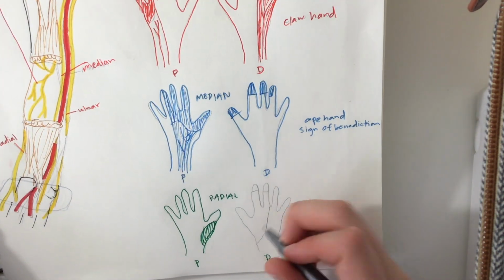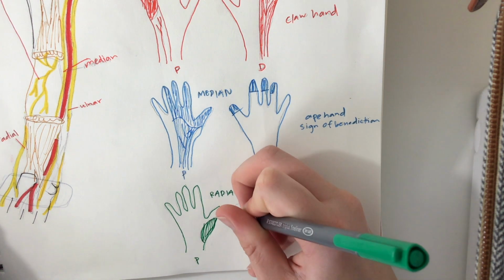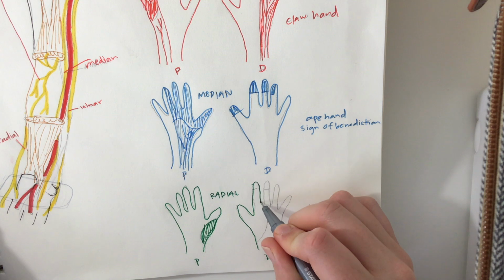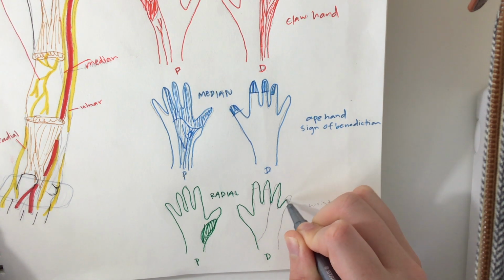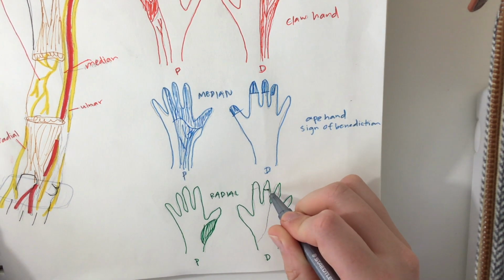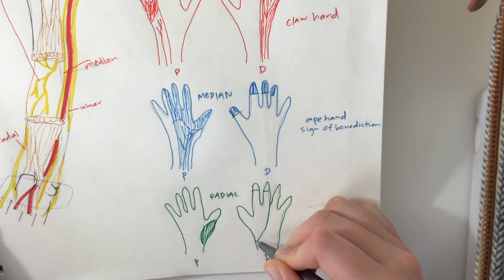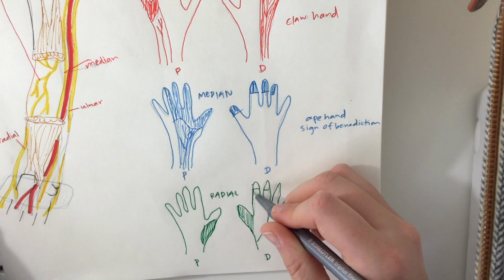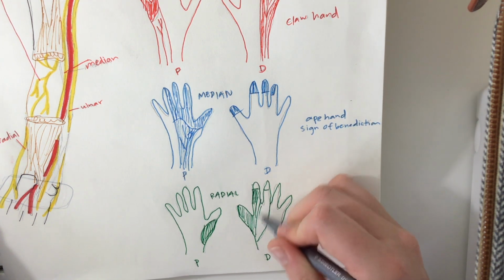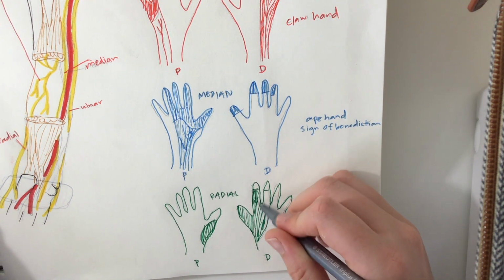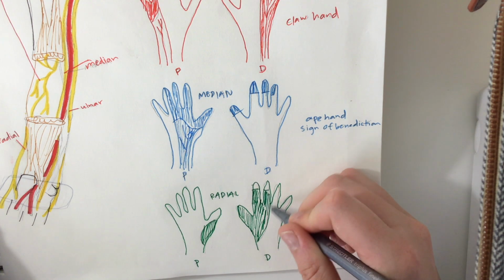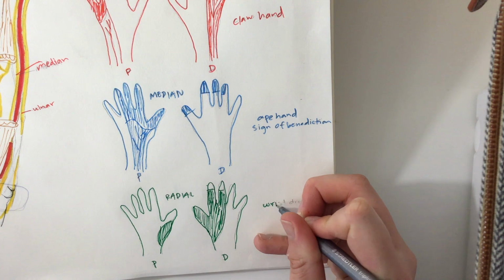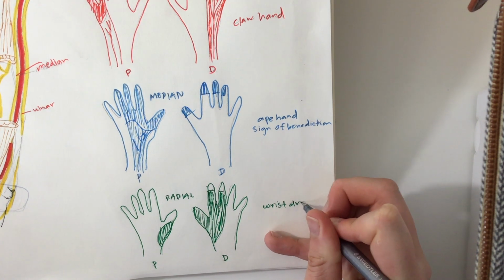On the palmar side, we have a part of the thumb, the thenar muscles here, and on the dorsal side, we have the parts that the median nerve didn't cover. It supplies the triceps, brachioradialis, supinator, extensor carpi radialis longus, extensor carpi radialis brevis, extensor carpi ulnaris, extensor digitorum, extensor digiti minimi, and extensor indicis, as well as abductor pollicis longus, extensor pollicis brevis, and extensor pollicis longus.